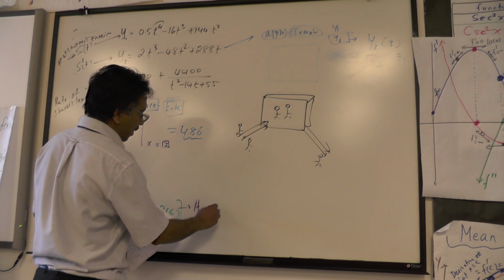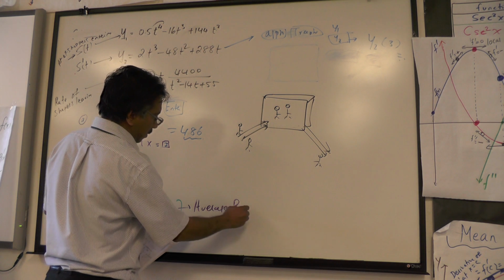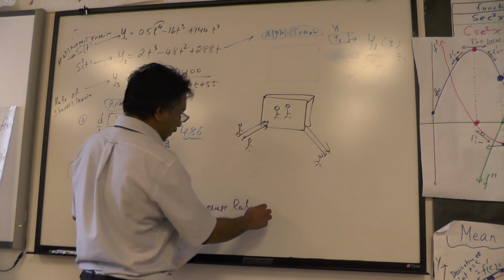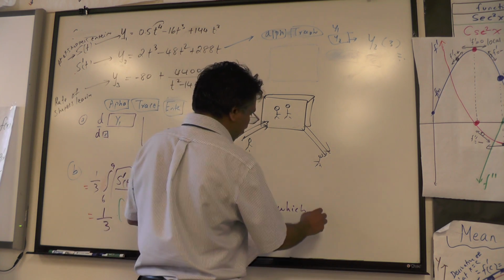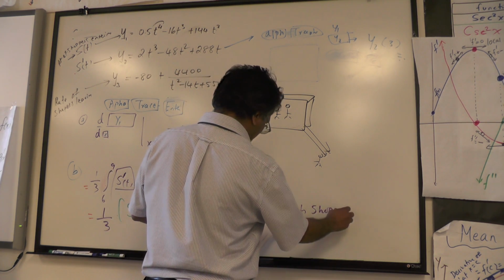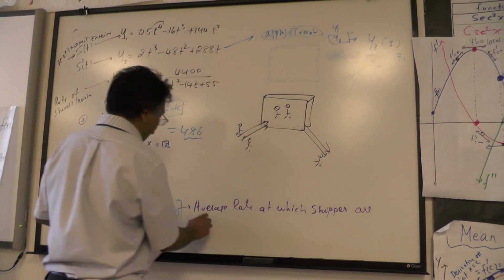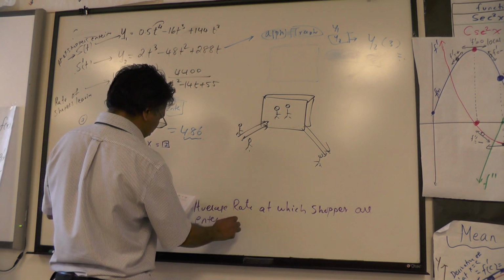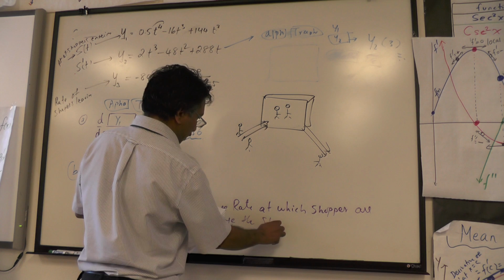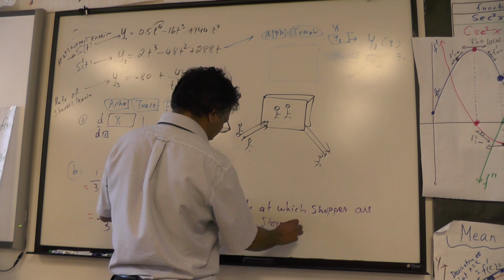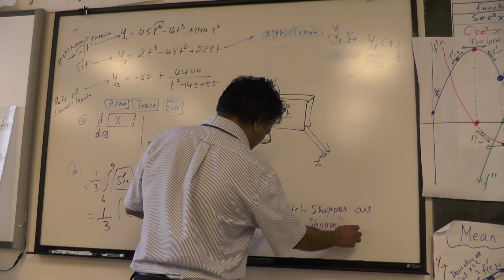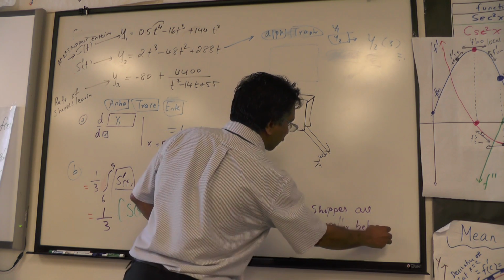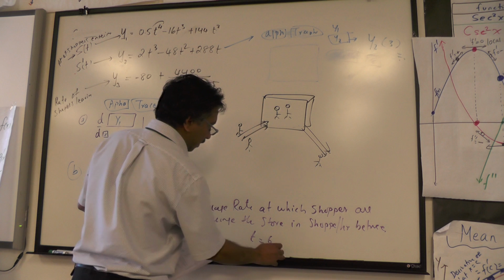Let's write this: average rate at which shoppers are entering the store in shoppers per hour between t equals 6 and t equals 9.